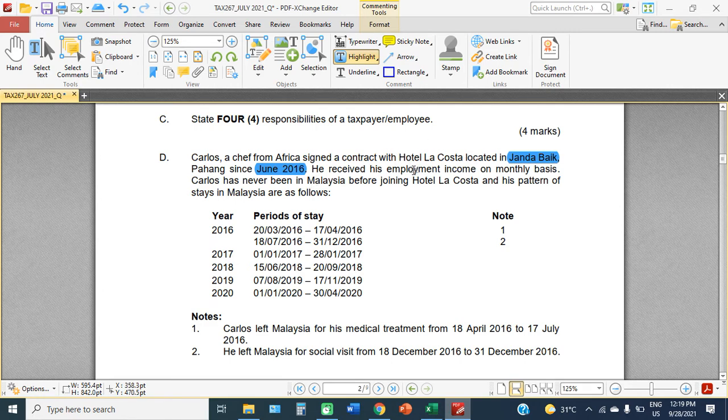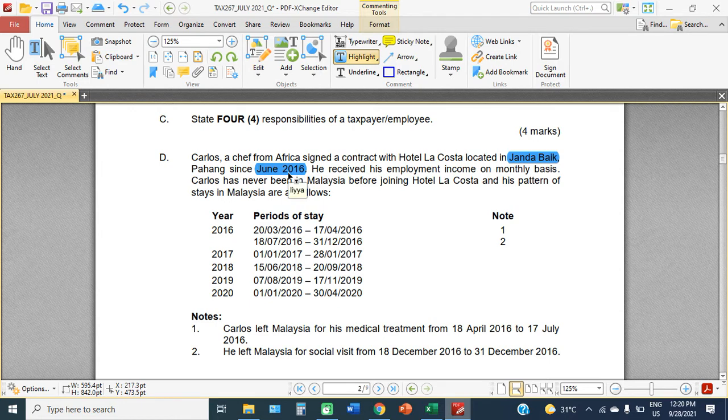Next, he received his employment income on a monthly basis. Carlos has never been in Malaysia before joining Hotel La Costa, and his pattern of stay in Malaysia is as follows. So the second sentence confirmed that he had never been in Malaysia before he started working in June 2016.